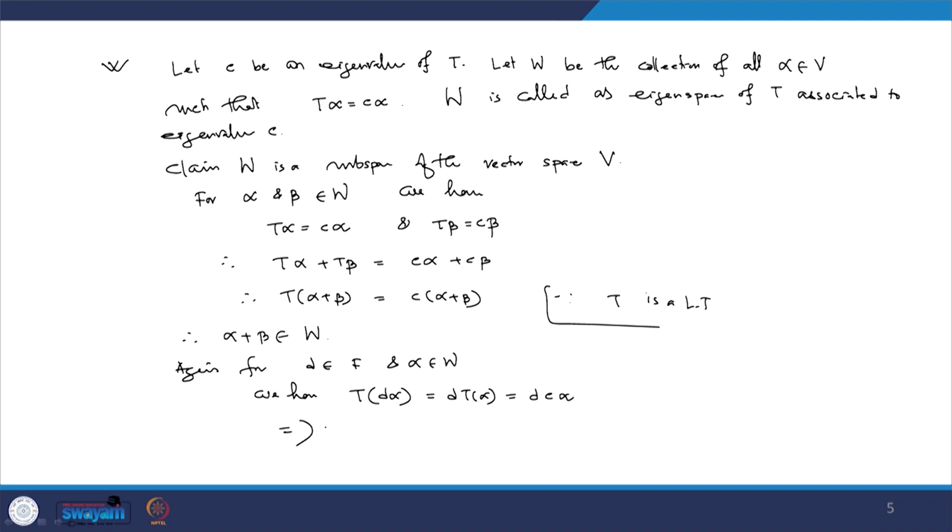So, T of D alpha equals C times D alpha. So, this implies D alpha also belongs to W. So, W is a subspace of the vector space V.